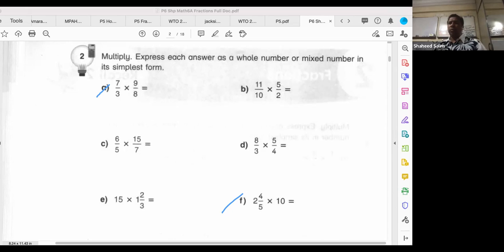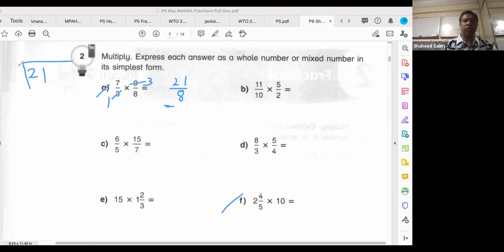Okay, we are going to go through question 1 first. Those of you who can do, divide by 3, you get 3. Divide by 3, you get 1. Then 7 times 3, 21. 21 over 8, you have to use long division. So those of you who do not know how to do, look carefully how we do this.